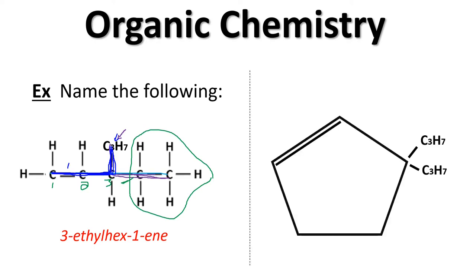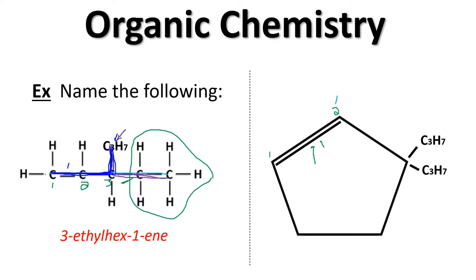Let's try another example. Oh no, we got a ring here. See this contraption right there? That would be your multi-bond. Now, we want to get our multi-bond to have the lowest number possible. So we want to consider that, but we also want to consider where the substituent groups are. So there's always kind of two ways to name this. This has to be in the first bonding spot. That means this corner carbon here has to be carbon 1, and this one has to be carbon 2, or vice versa.